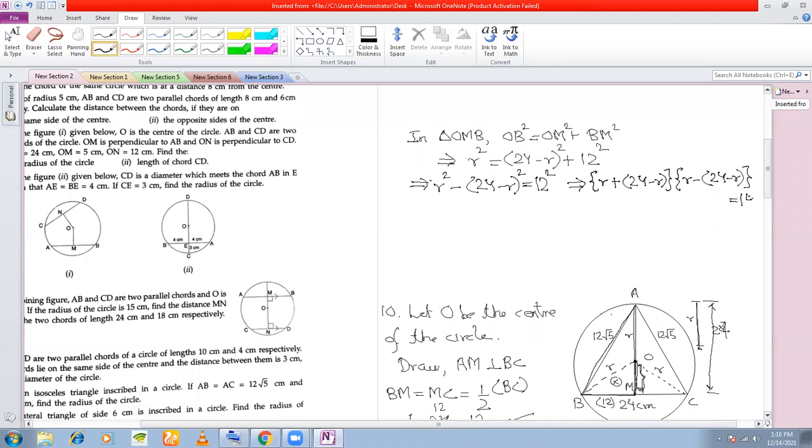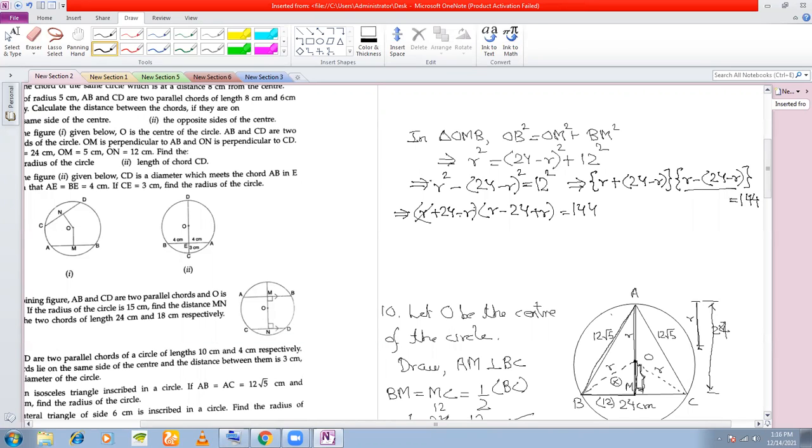Or yes, 144. You can keep it as 12 square also, 144. Fine. Now let's simplify this. If you open the brackets, you get R plus 24 minus R. And here, if you open the brackets in this expression, how much are you going to get? Sign is going to change. R minus 24 plus R is equal to 144, right?